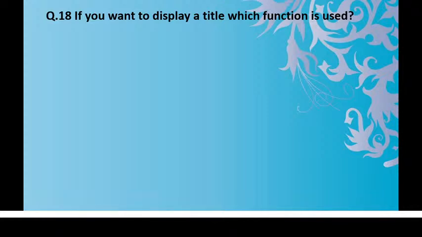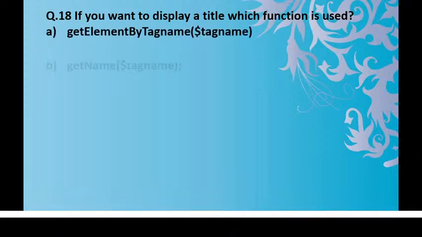Next question is, if you want to display a title, which function is used? A, getElementsByTagName, in bracket, you need to write the tag name. B, getName, in bracket, tag name.